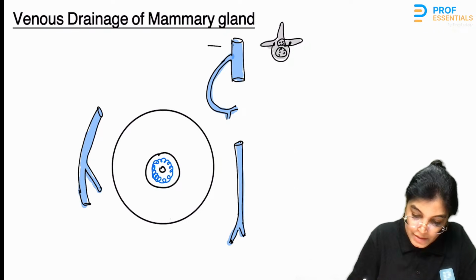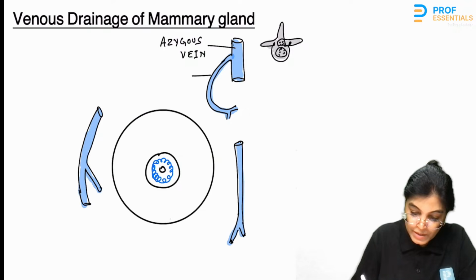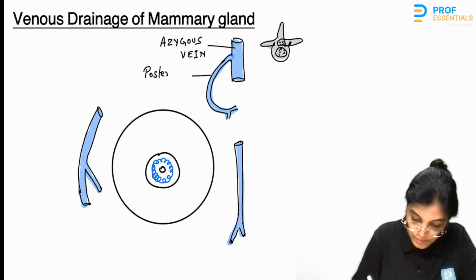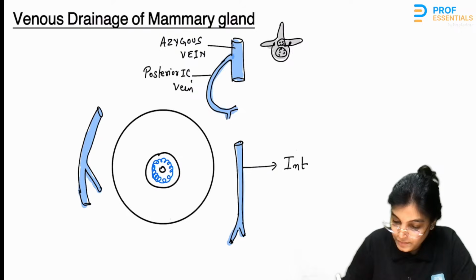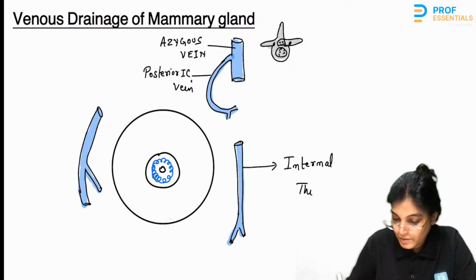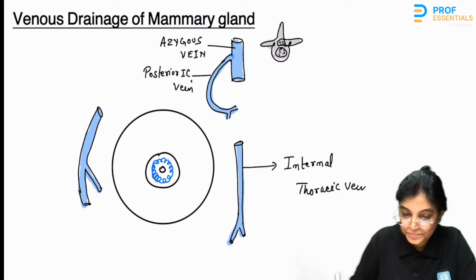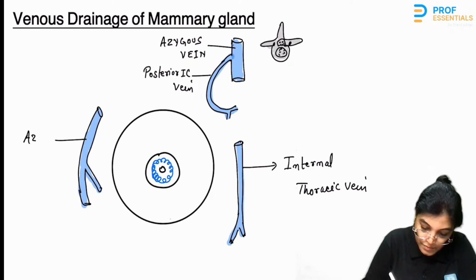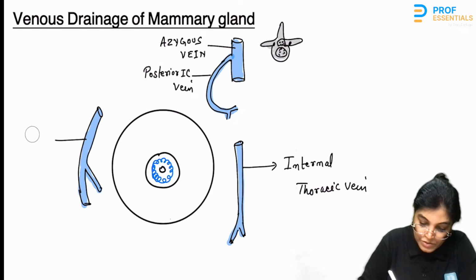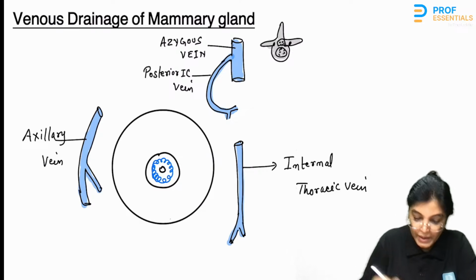Okay, so this is the azygous vein. This is the posterior intercostal vein. This is the internal thoracic vein. Okay, dear, this is the internal thoracic vein, and this is the azygous vein. This is the axillary vein. Sorry, this is the axillary vein. Okay.